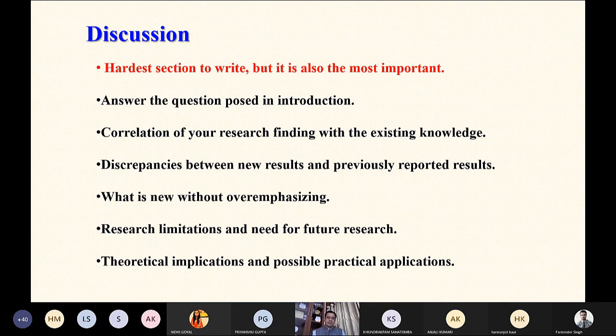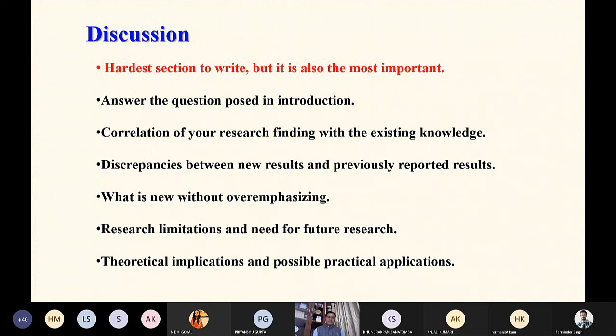But because we overemphasized it in the discussion part, we had to give justification again and again. This is the reason I would suggest we highlight the findings, but avoid overemphasizing them.